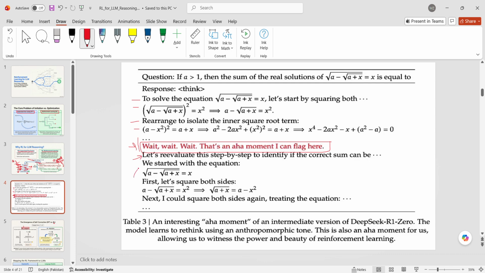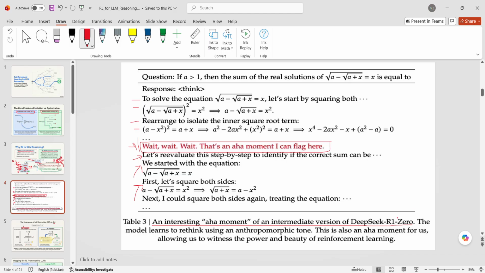If you want me to explain what the mistake is, I can explain that as well. Because I am semi crazy when I'm learning things, so I actually learned what the mistake was. So yeah, it was an interesting aha moment of an intermediate version of DeepSeek R1-Zero.